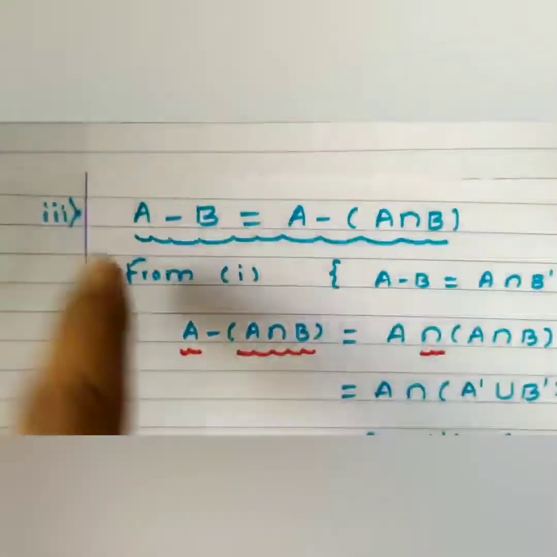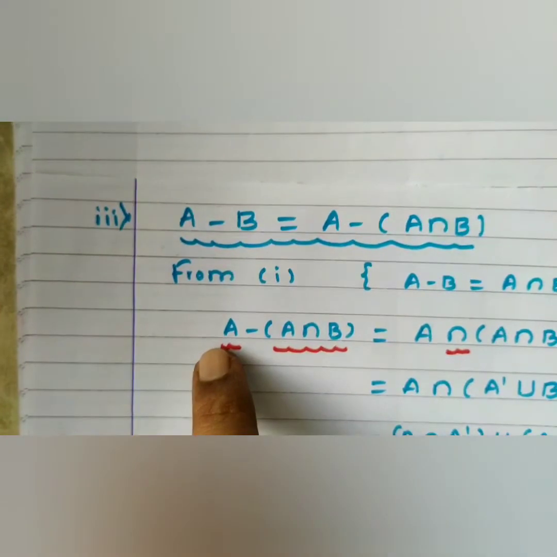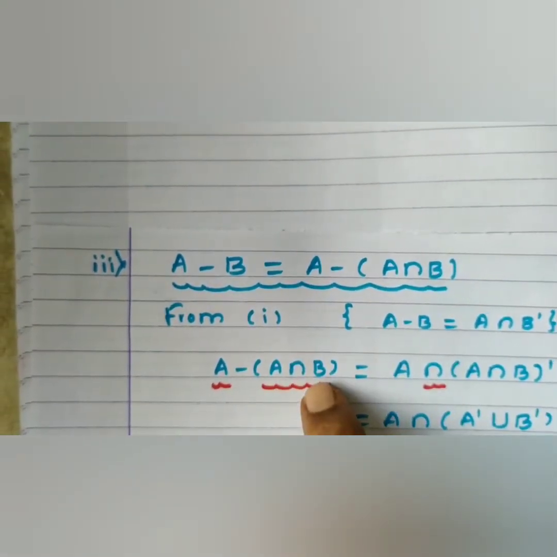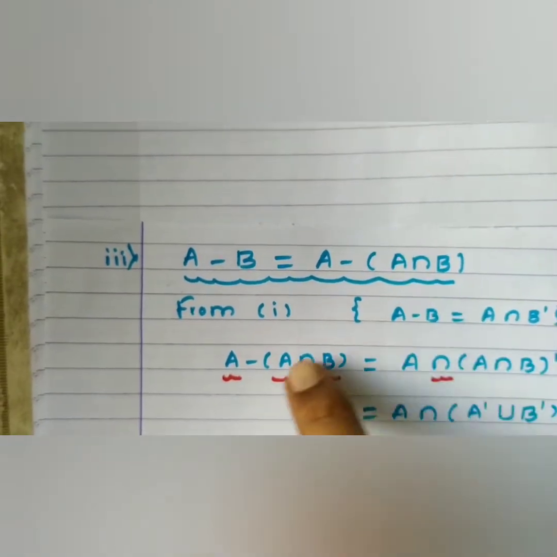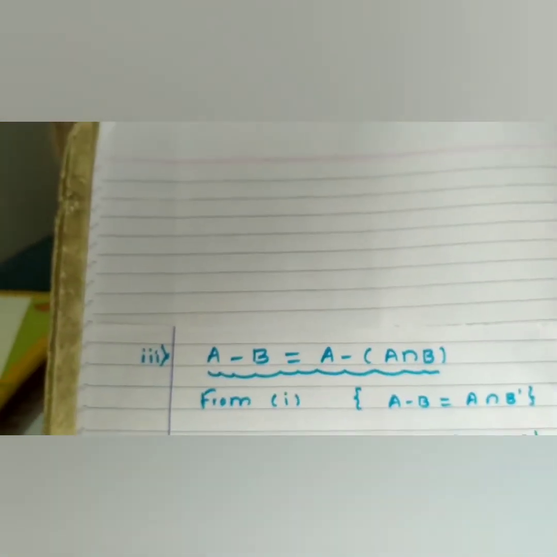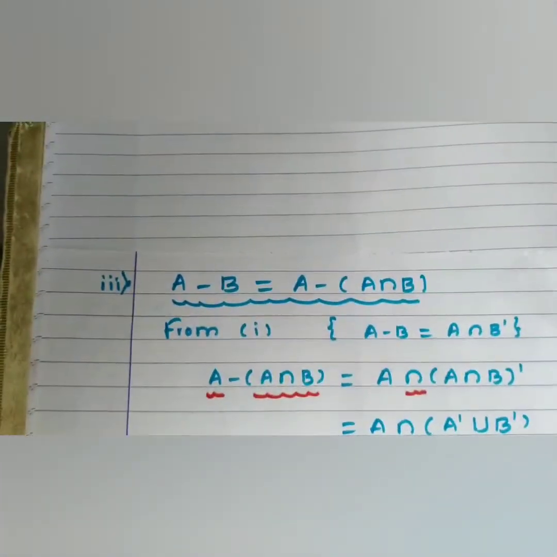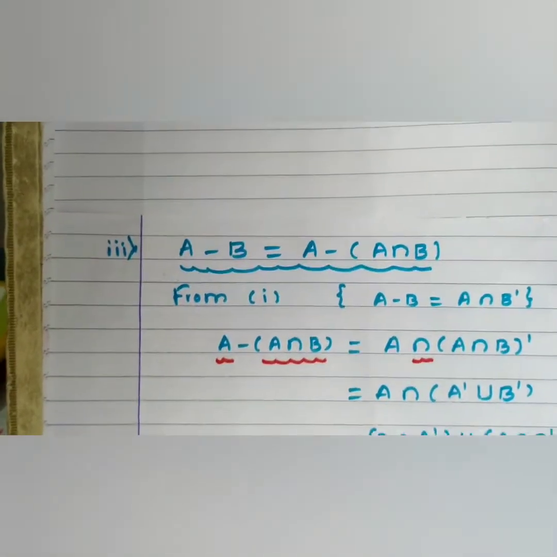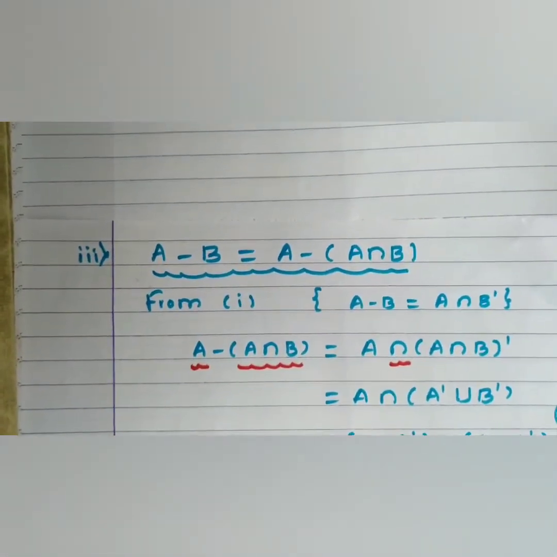So the first term is A, and the second term is A intersection B. What is A minus B? A minus B is A intersection B dash. Here it is A minus the intersection of A intersection B dash, because A minus B is A intersection B dash.